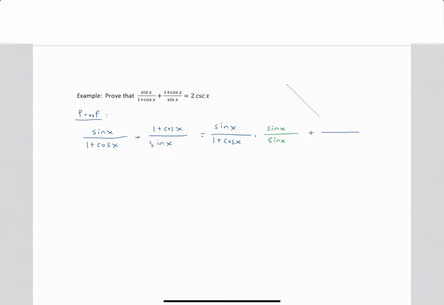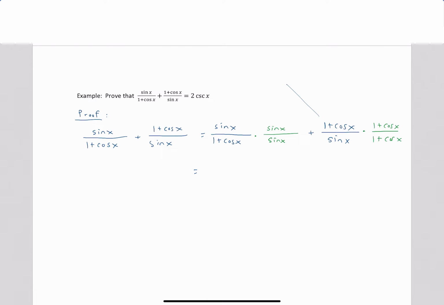Let's see, that one is 1 plus cosine of x over sine of x. And what that denominator is missing is the 1 plus cosine. So this one I'm going to multiply by 1 plus cosine of x over 1 plus cosine of x. And notice I'm showing that step in my proof.